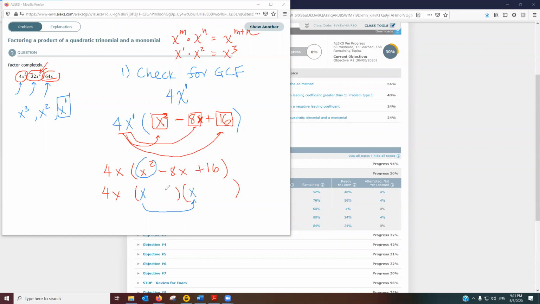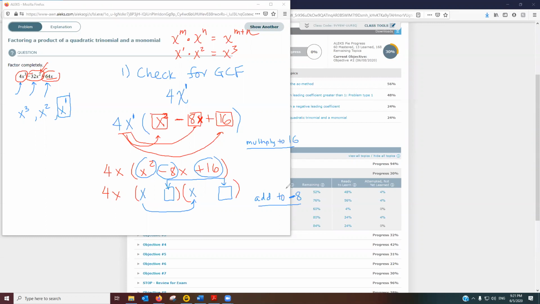All right, now in the back here, I need some number multiplying another number to get me positive 16. But then the numbers have to add to get me negative 8. Well, that tells me that the two numbers have to both be negatives, because two positive numbers are never going to add to negative 8.